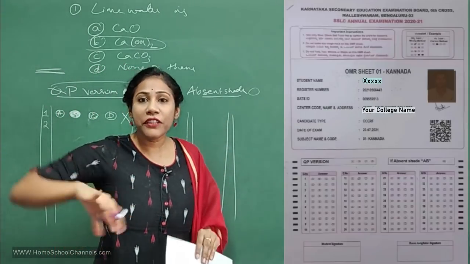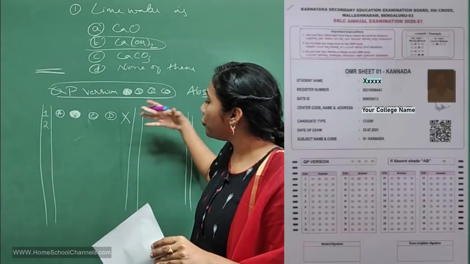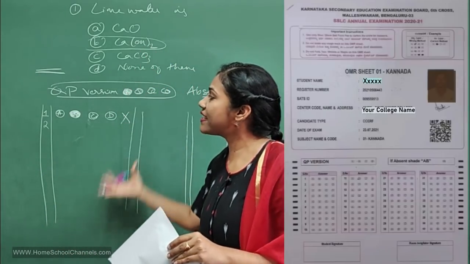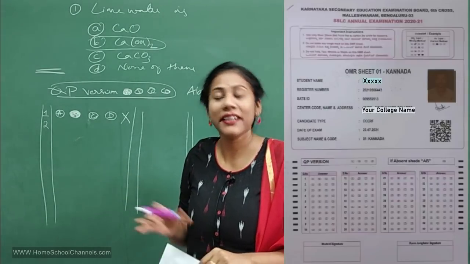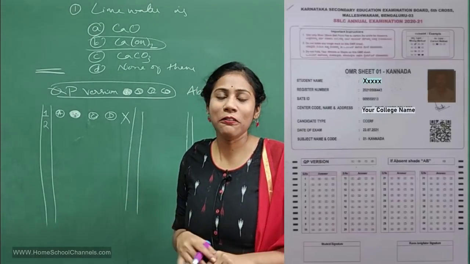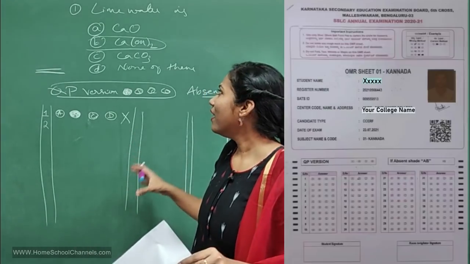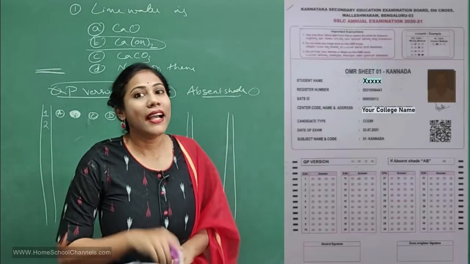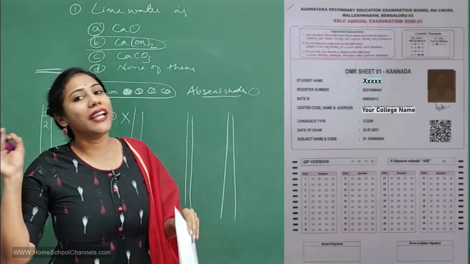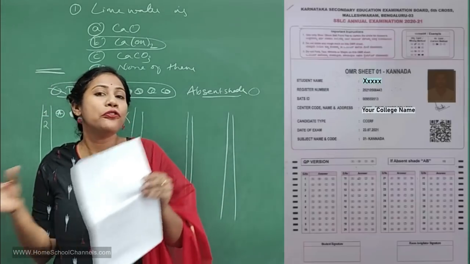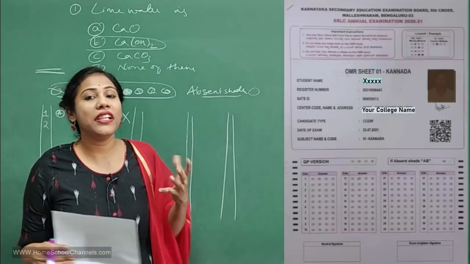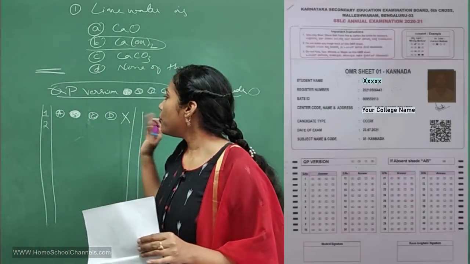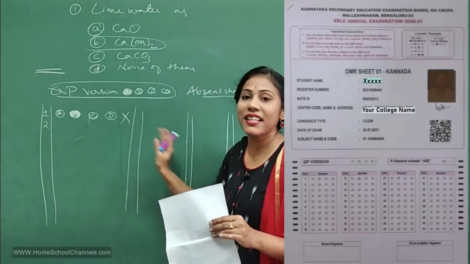After your 12th, you will actually have to do this kind of marking in OMR sheets, right? So this is like a practice now, so no need to panic looking at the OMR sheets, and the invigilator will give you every suggestion how to fill the OMR sheets, and I have given an idea how you have to fill the OMR sheets. Okay, so you have to go on shading the circles, that's it.